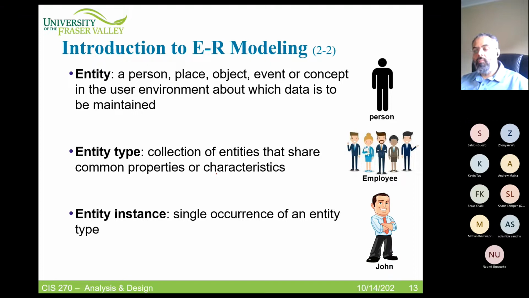So at the ER diagram level, we talk about the entity type. The instance, we will see later when we enter data. Each row in the table will be an instance of this entity type. And the entity, I said, is the wider concept, like person. But when we talk about the ER diagram, we have to talk about the different entity types we will have.